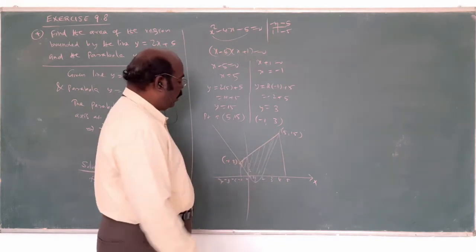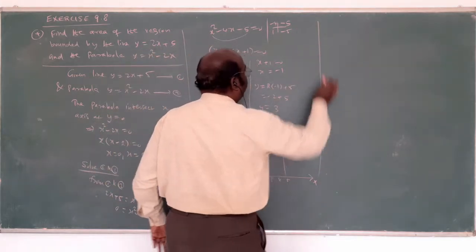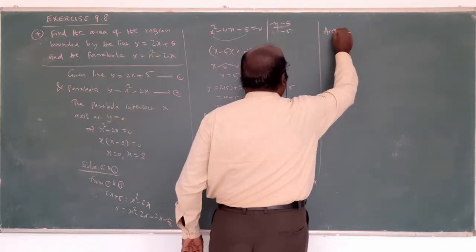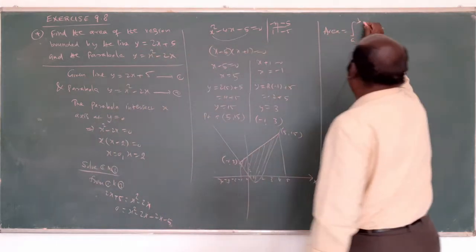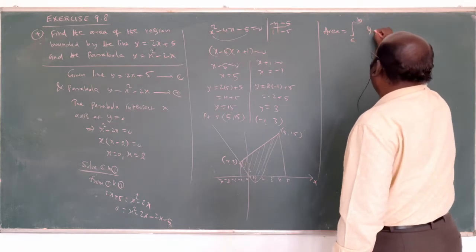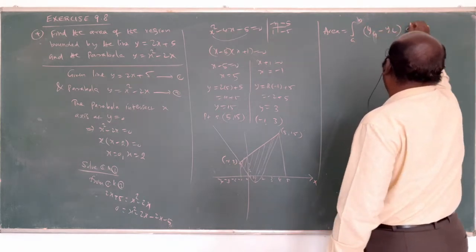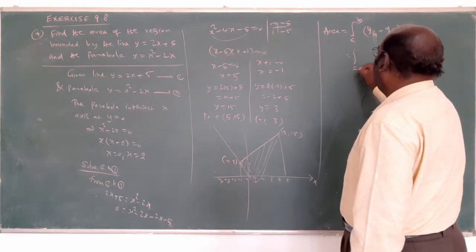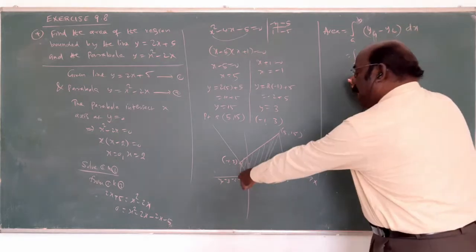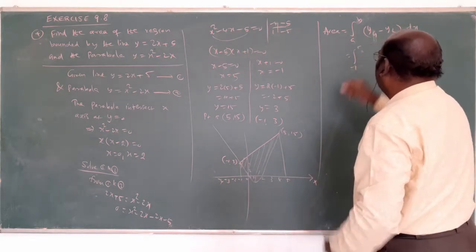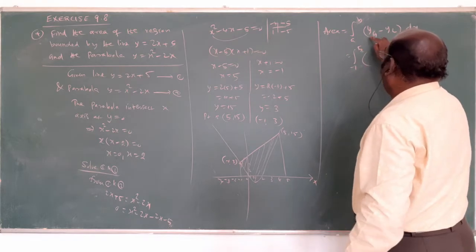That's very important. What is the formula? Area equal to the integral from a to b of y g minus y l. Already told you, this is the greatest area, this is the lowest area. Correct? That means a to b, a is minus 1 to 5, the beginning. Now what I told you?